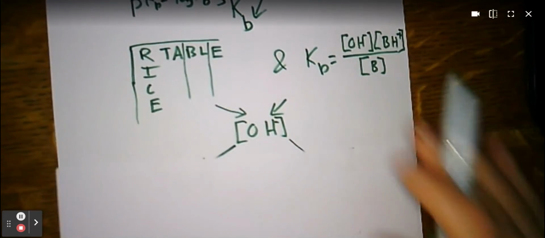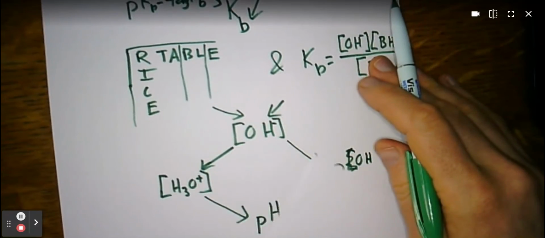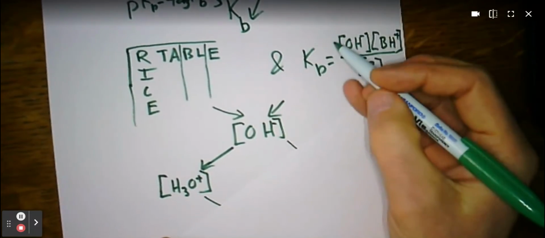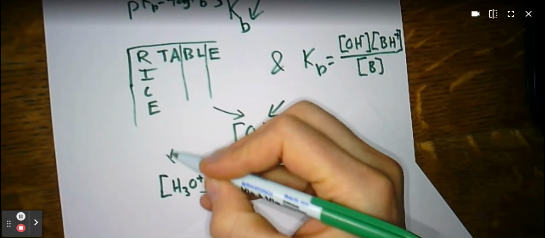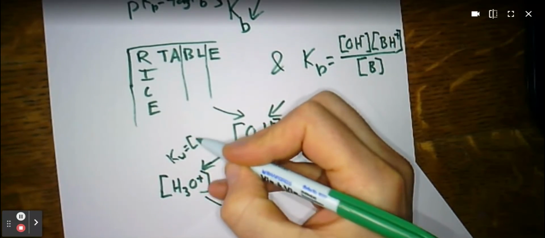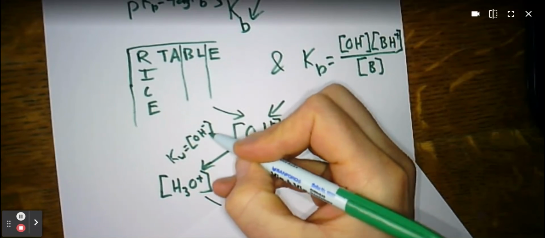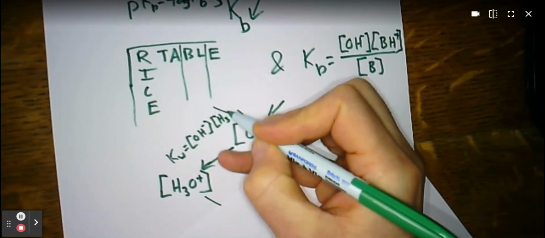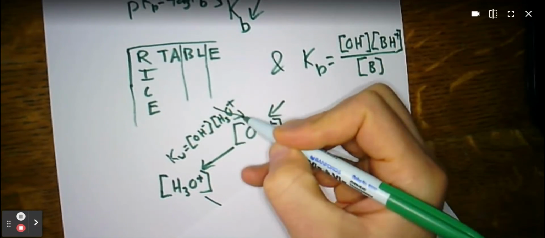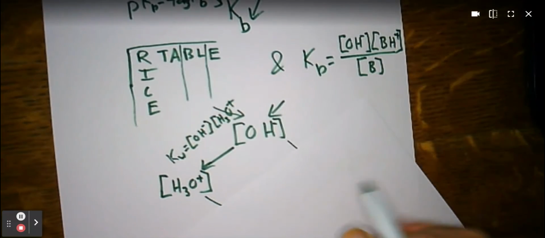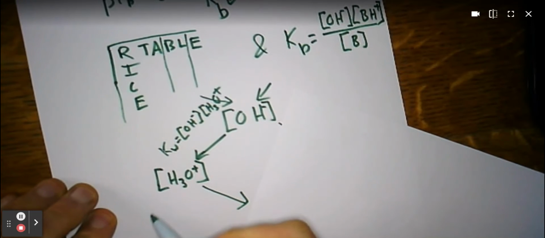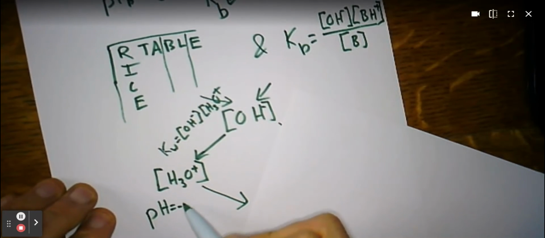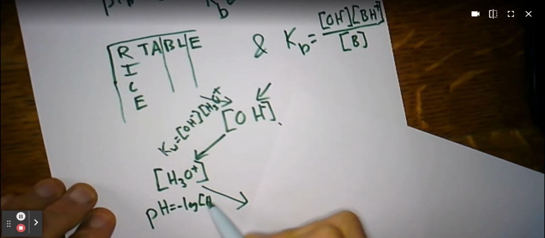You have some options here. You could go to hydronium using the Kw equation, and once you have that concentration, take the negative log for the original pH formula.